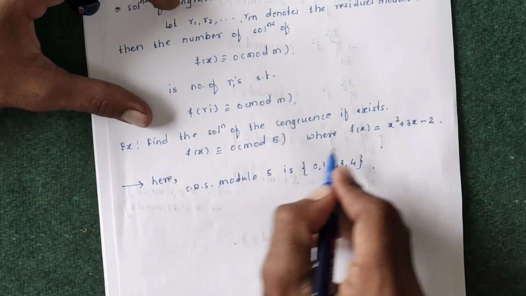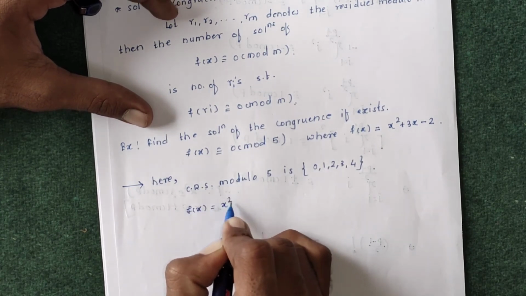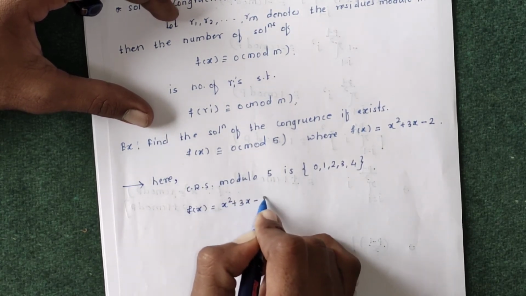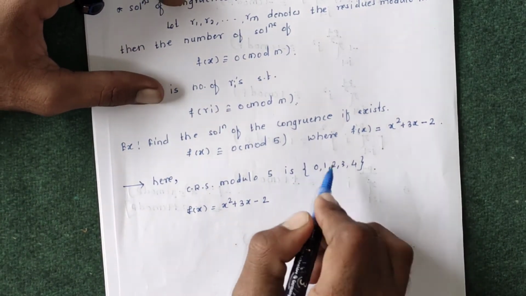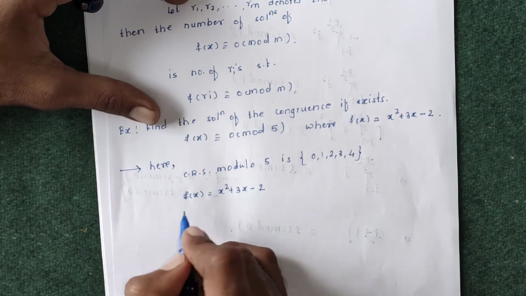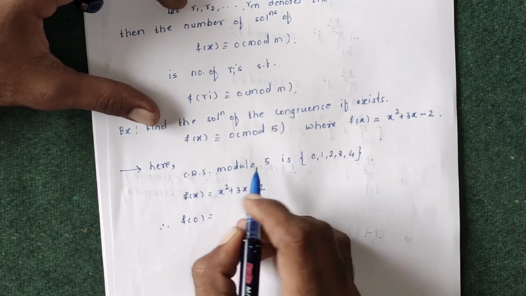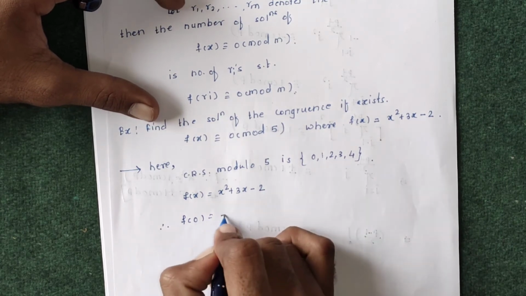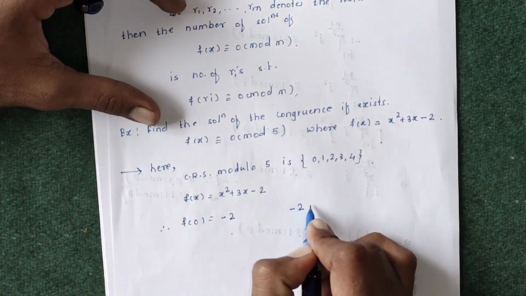First, f of x is given as x square plus 3x minus 2. First of all we will check for 0. Therefore f of 0 equals 0 square is 0, 3 into 0 is 0, which equals minus 2.